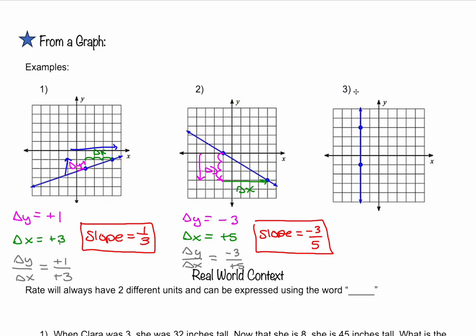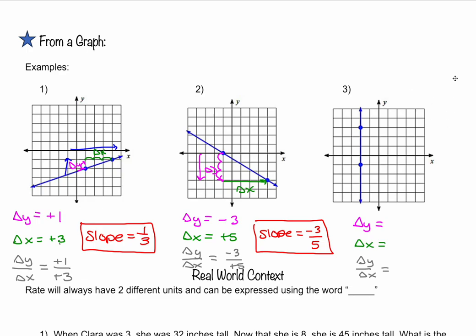For example 3, I can see that we have 2 clean coordinates, but I also see that this is a vertical line. So that automatically tells me what our slope is, but I'm still going to use my change in y over change in x to show the math. So I still want to do change in y, change in x, and then the actual slope rate of change formula, change in y over change in x.